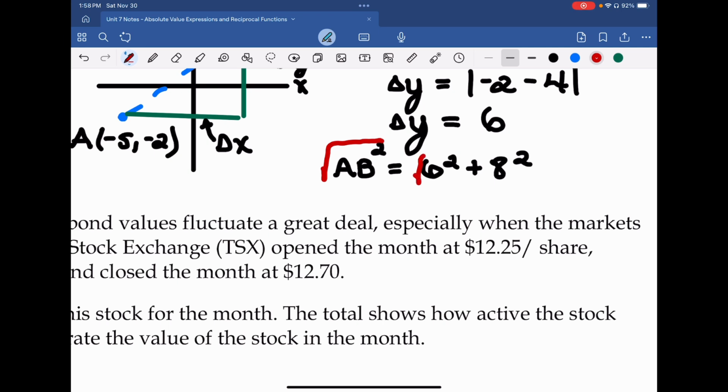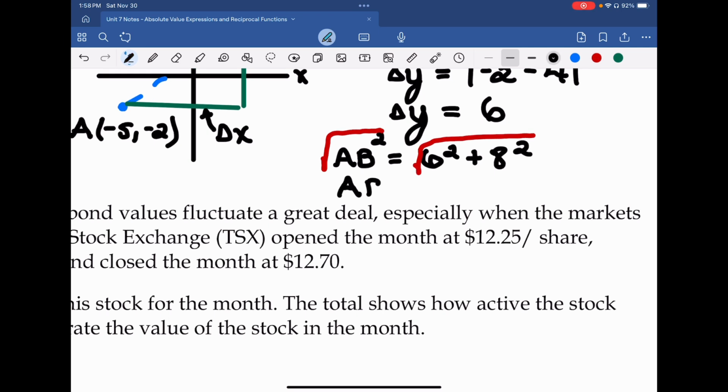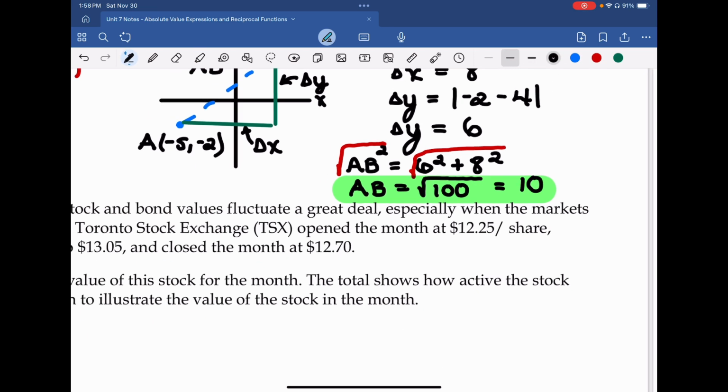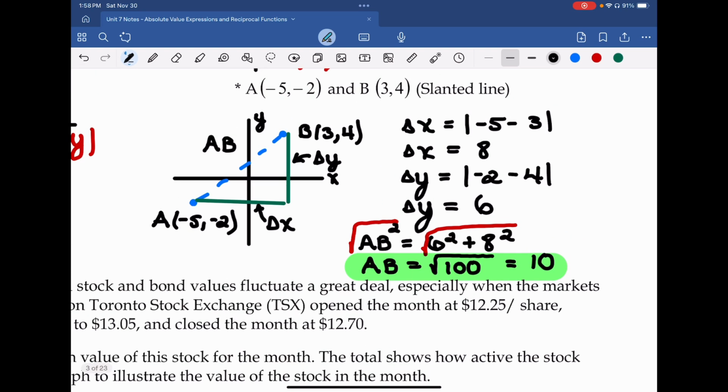We get AB is equal to, well, 6 squared is 36, 8 squared is 64, 36 plus 64 gives us the square root of 100, and the square root of 100 is equal to 10. So our answer is 10. Our hypotenuse, the length between A and B, simplifies to 10.